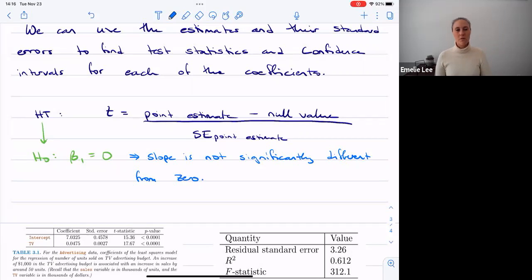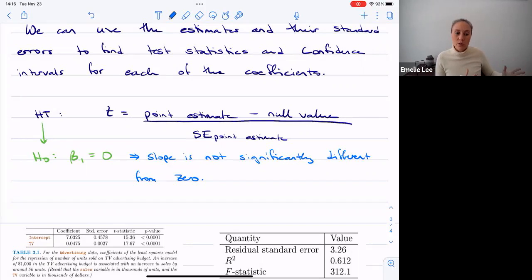Think about what a slope of 0 means. A slope of 0 is something like this, right? What that means is that there's no relationship between X and Y. It doesn't matter if X is 10 or if X is 400, the Y value is roughly the same.